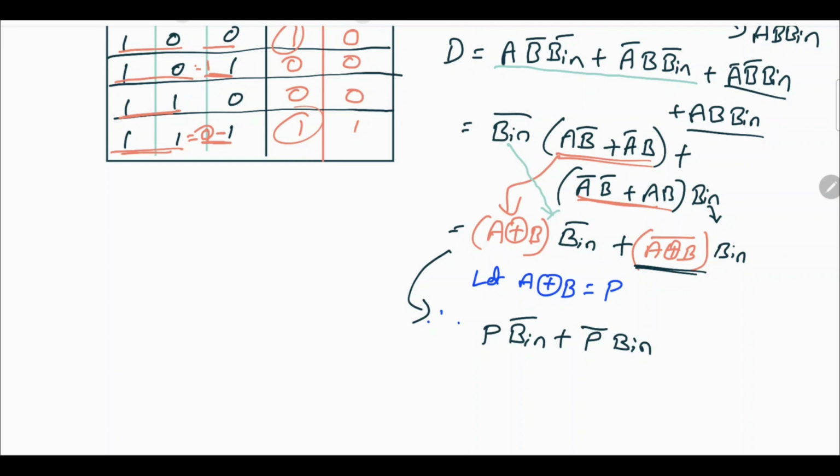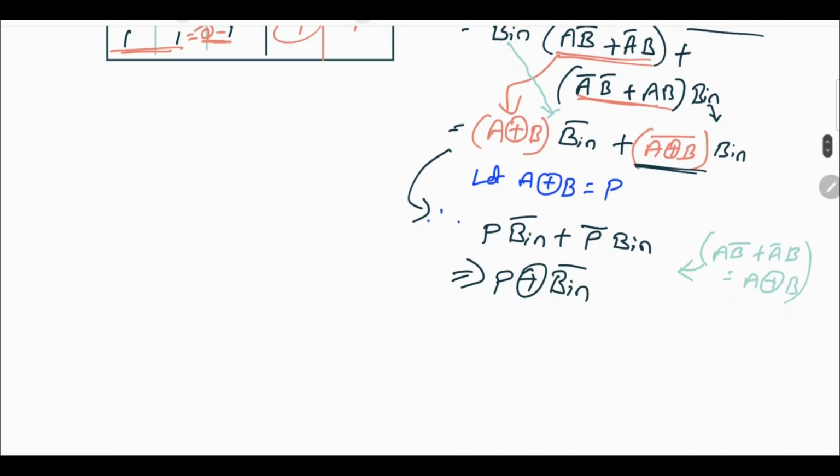So what is P B in bar plus P bar B in? This is of the form A B bar plus A bar B, that is A XOR B. So we have, this implies P XOR B in.